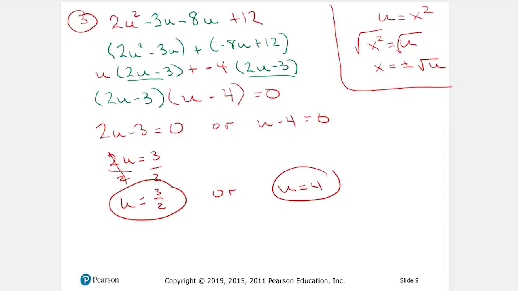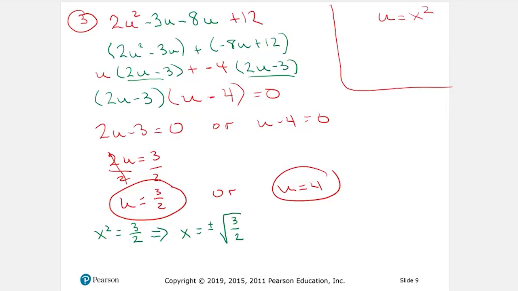So I substitute, actually, let's just do this. I'm going to substitute x squared in for u. So I have x squared is equal to 3/2. If I want to solve that, I take the square root of both sides and I get x equals plus or minus the square root of 3/2.